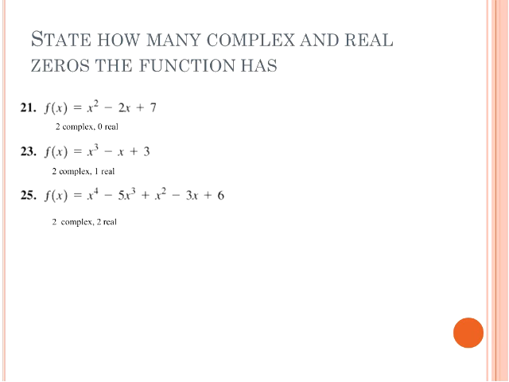Yep, 2 of each. 2 complex, 2 real. 2 real because we see it cross the graph at 2 spots. And since there are 4 total, that means 2 of them have to be complex. Good. So you have to use your logic there by looking at how many x-intercepts there are and how many zeros total the polynomial has. So using your logic, you should be able to identify how many of those zeros are complex.